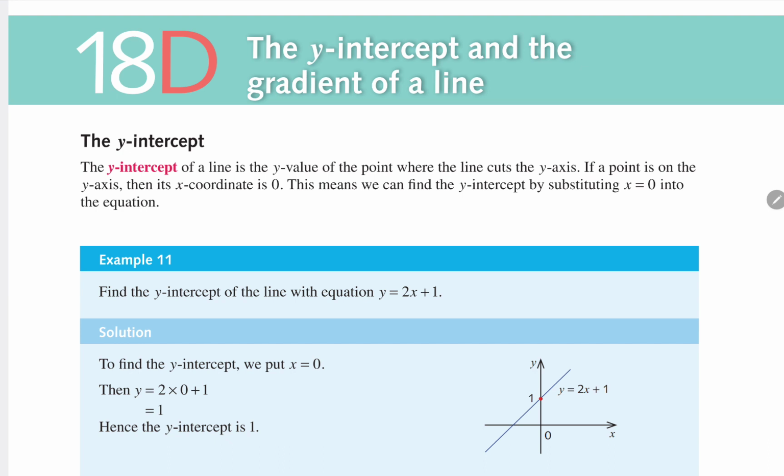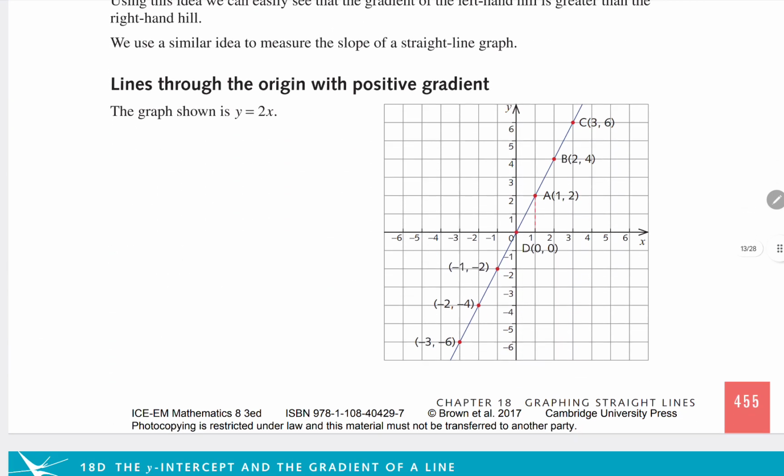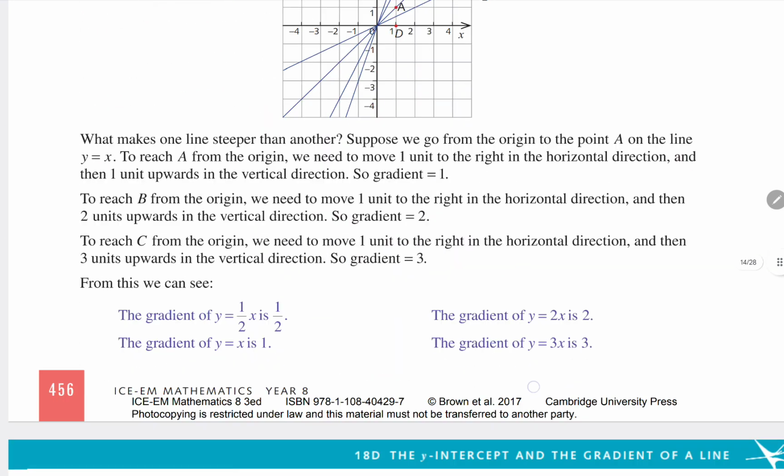State the y value of the y-intercept. That's 18D, the y-intercept and the gradient of the line. Can we do this then? Okay, we're doing this one next. But have a look at the screen. That one I'll leave you to do for homework. I'll explain the main concepts first.